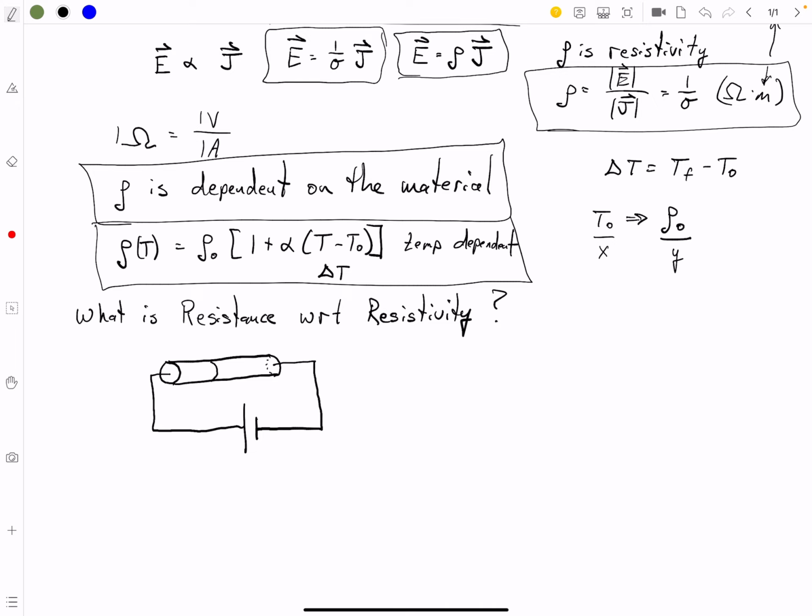There's a cross section of this wire, A. Of course, this is the positive, this is the negative, so our E field is pointing in that direction. Our current, and by current, I'm going to say our current density, J, is going in that direction. Well, if our current density is going in that direction, then our current has to be going in that direction.